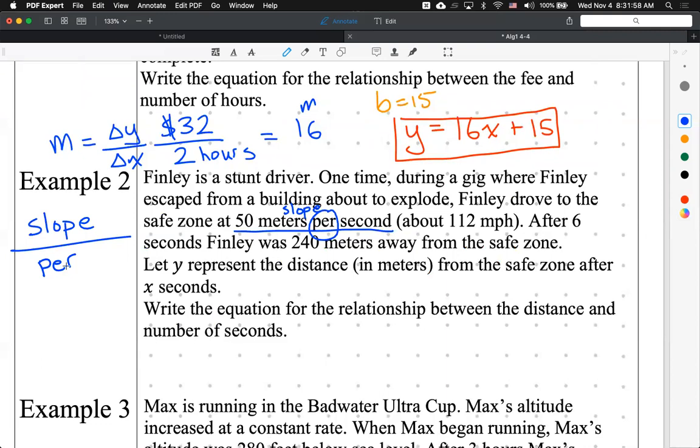That could be slope. Is that your worry? Yeah, but she said that she's going 50 meters per second, right? Yes. And then after 6 seconds, she's at 240. And doesn't she have to be like... No, that's how far she is away from the safe zone. In 6 seconds? If you divide it. Exactly. That's not how far she's gone. That's how far she has left to go.